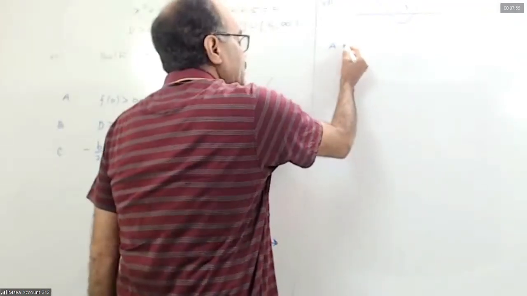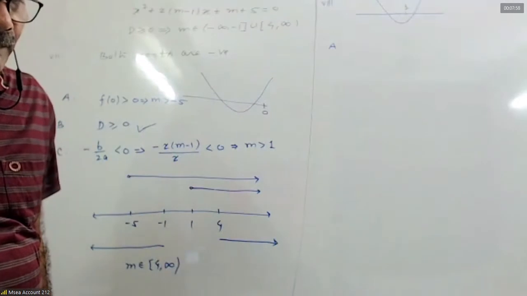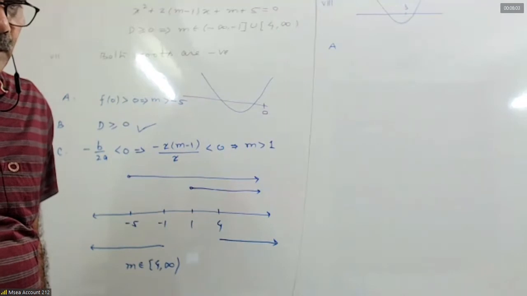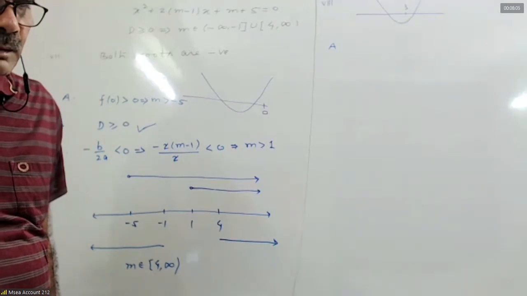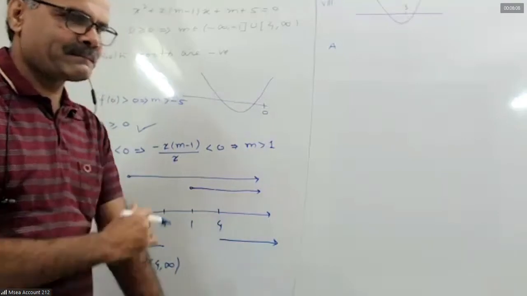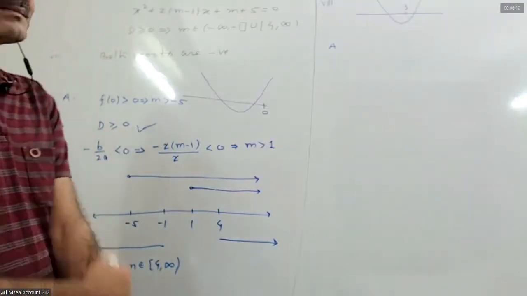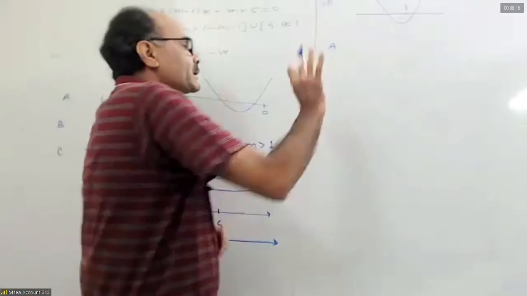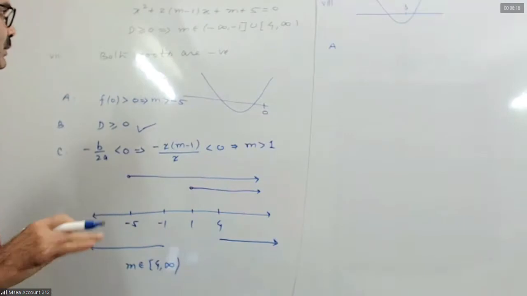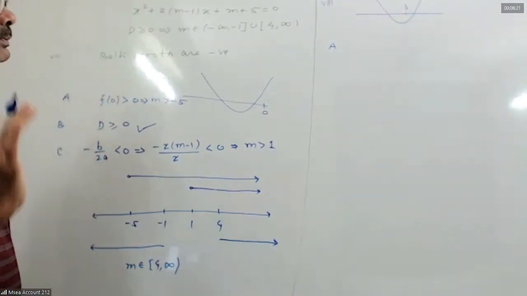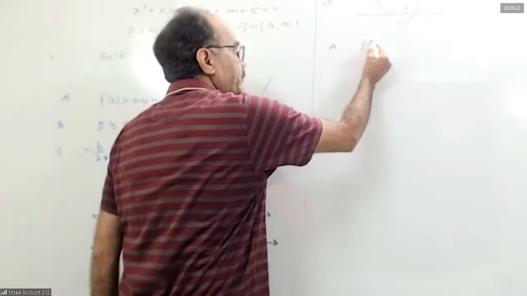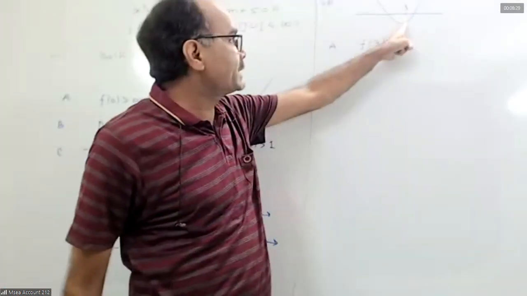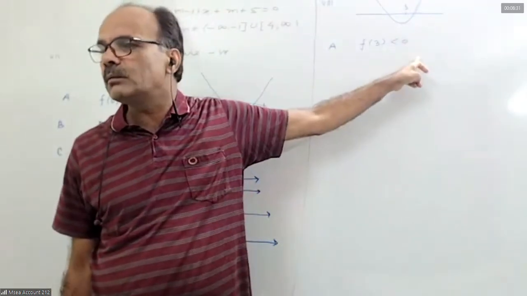What should minus b by 2a be? Zero, sir. Hmm? See, just tell me one thing. That's what, if you remember formula, this will happen. If f(3) is negative, is true. At 3, function attains negative value.